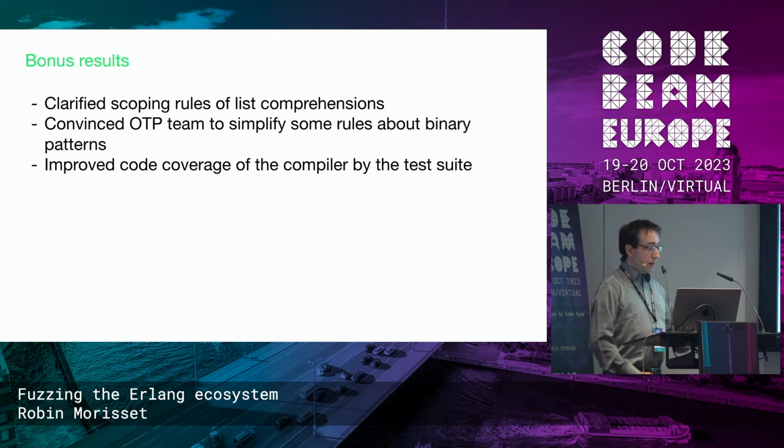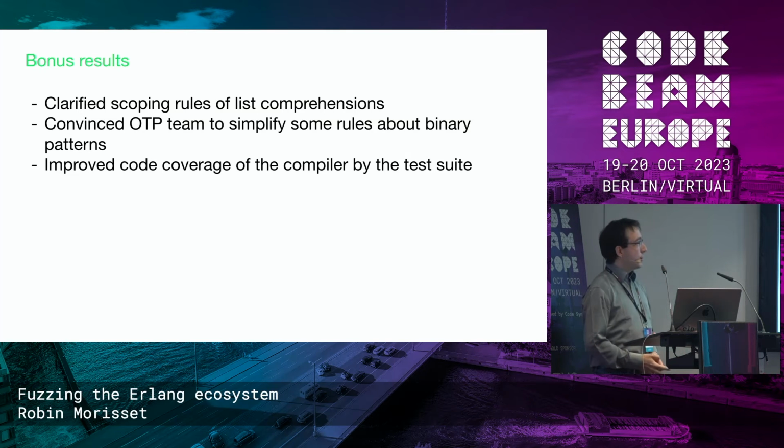There were some nice side benefits of this work that were not targeted at the beginning. One is that while all of these scoping rules were not fully documented, much less specified, I discovered them by trial and error, and they got fixed and documented.